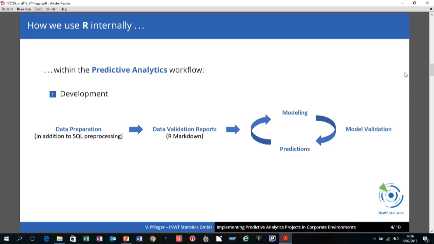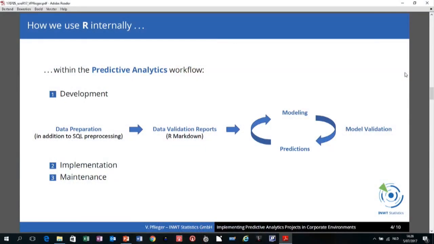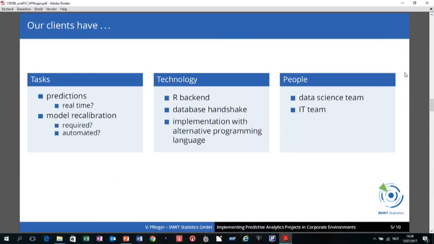But if we do this for our clients, it's a question about how to implement those models on the client side, and also how to maintain the models. What is important here, and what we already saw from the speakers before, is that a very common case is that in a company there is an IT person who has a fable for some fancy implementation, but doesn't really know how to do it, or does not have the resources to do it.